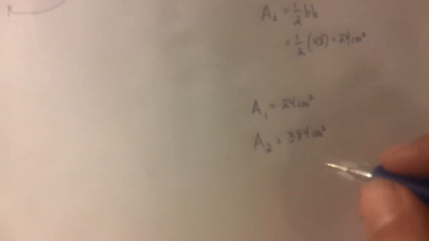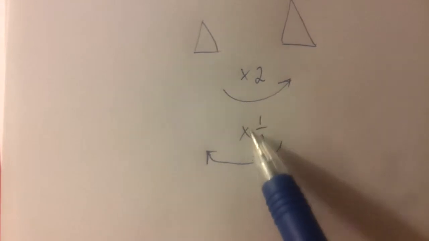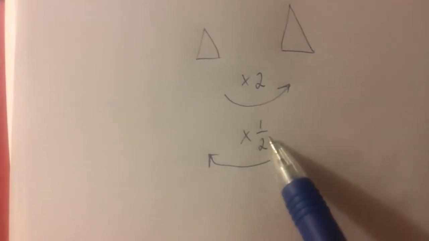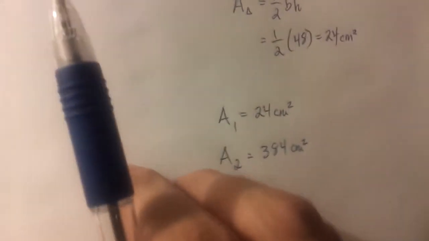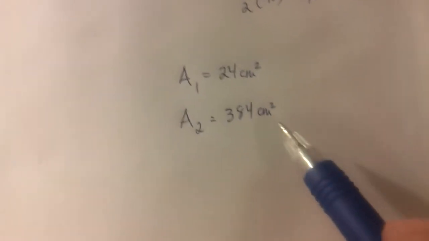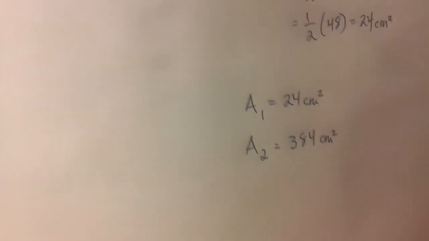So those are going to be related by some kind of a ratio, and to find that ratio, or that scale factor, remember, it can be a scale factor right here, which I'm also calling a ratio, because it could be 2/1 or 1/2. Now to find that, I can just divide 384 by 24 and see what I get.